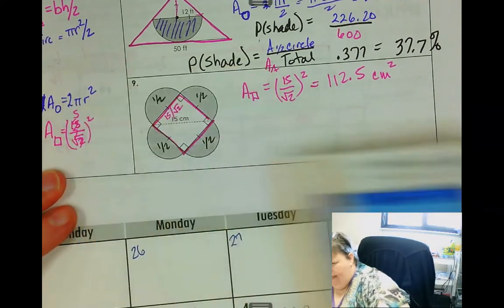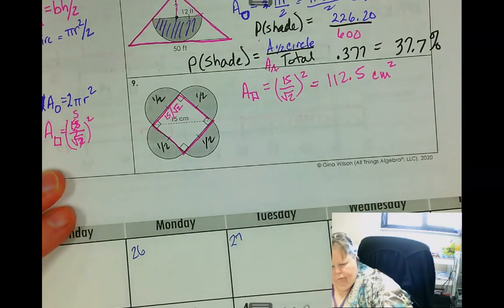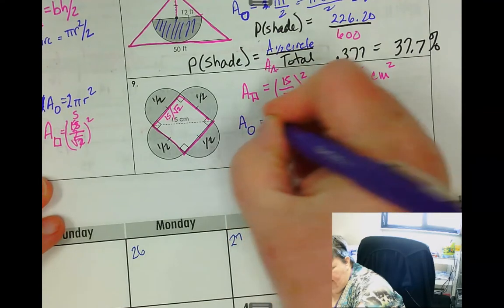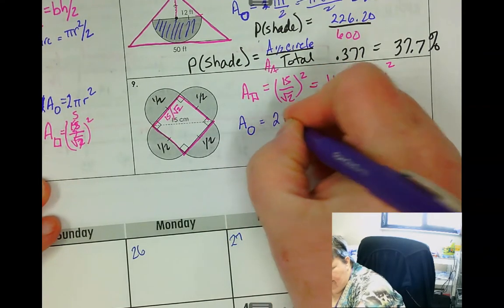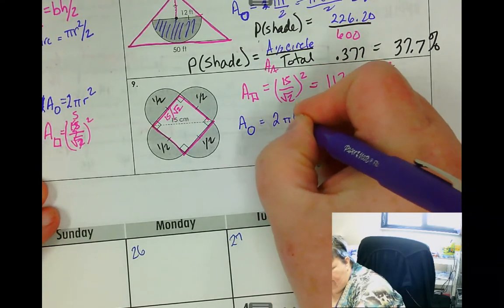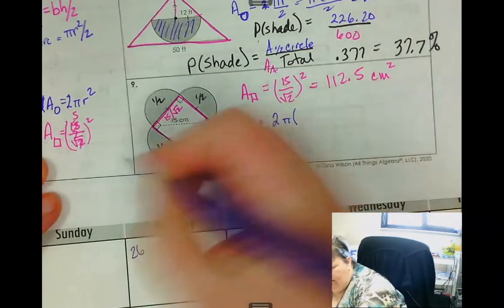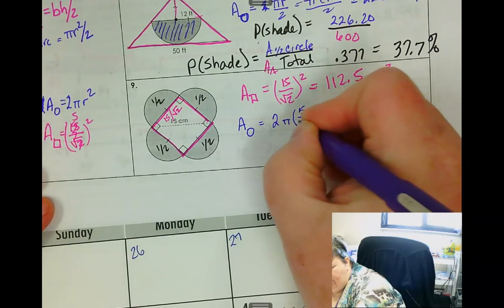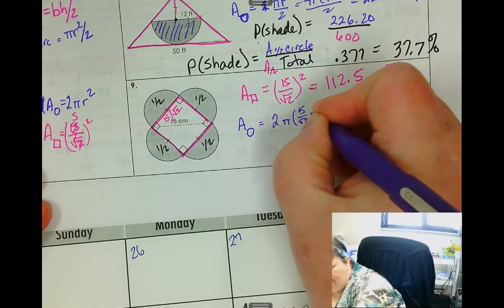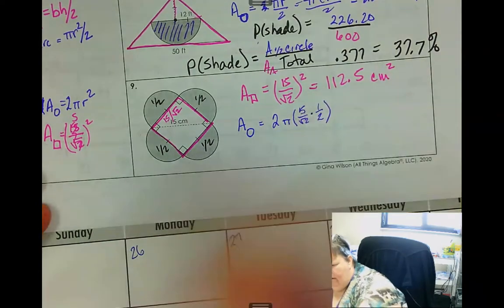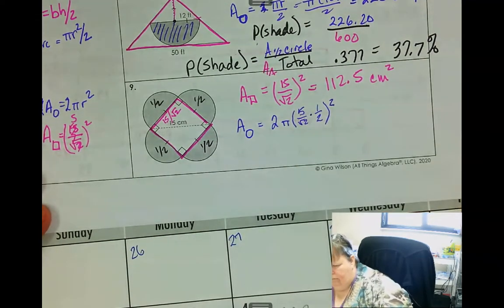Okay. Now for the circles. Area of the circle equals 2 times pi times my radius. My radius is half, is 15 over square root of 2 times 1/2. And all that is squared.